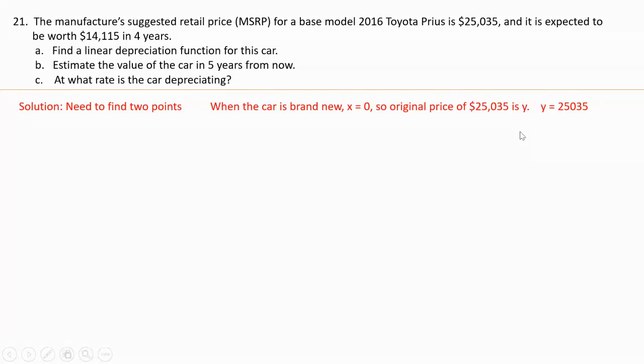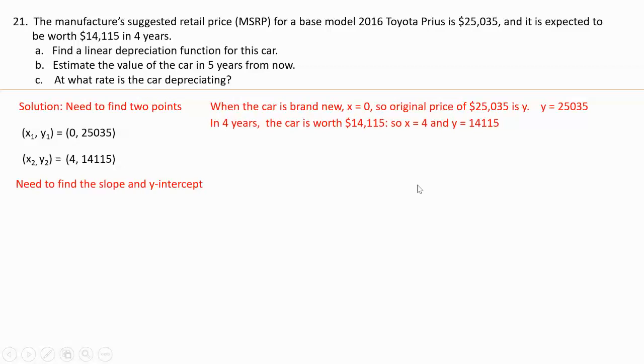So when x is 0, y is $25,035. So it'll be 0, $25,035. And then for the next point, in 4 years, it was worth 14,115. So when x is 4, y is 14,115. So we got our second point.